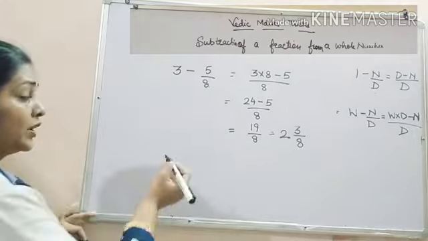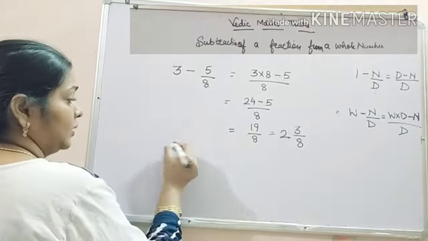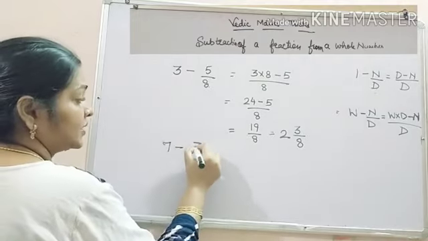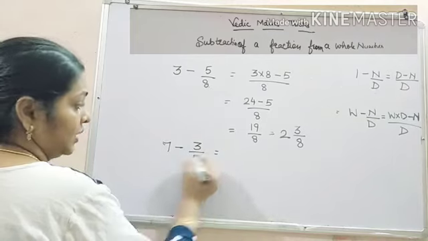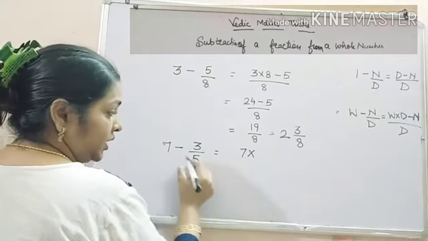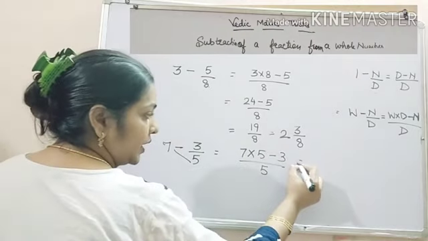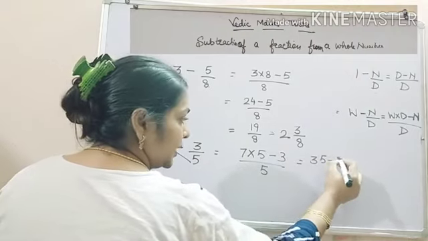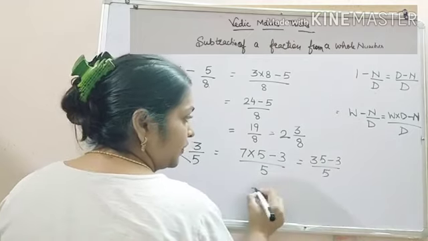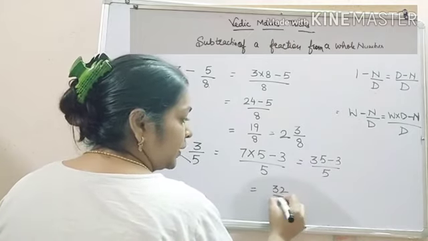Let us do one more example. Let it be 7 minus 3 by 5. 7 into 5 minus 3 upon 5. 35 minus 3 upon 5. 32 by 5.